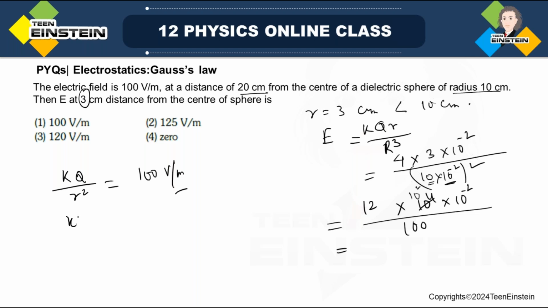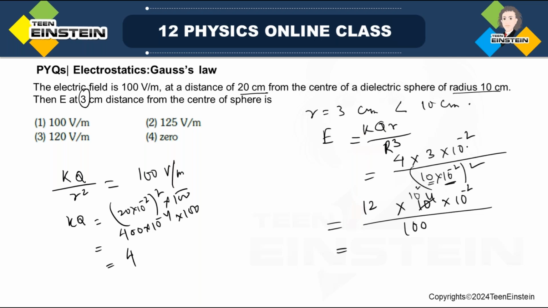From here, let me find out KQ. R square, small r is actually here 20 centimeter, 20 into 10 to the minus 2. So from here actually we get just 4 only, fine.